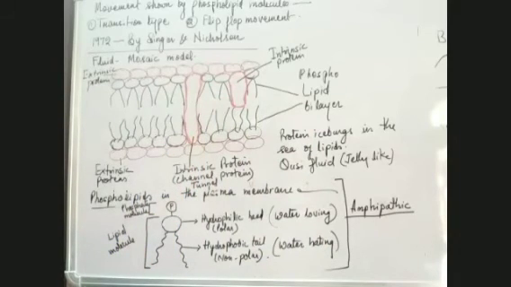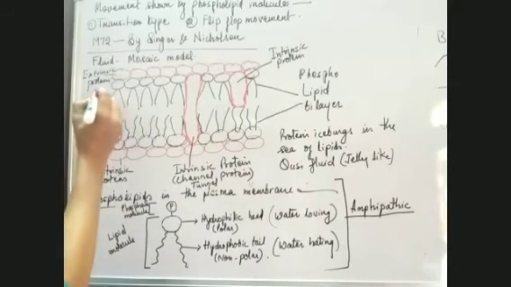Okay, so this is about the nature. Now I wanted to tell you about transition type and flip-flop movement of phospholipids. Transition type is the movement, because, as I told you, the plasma membrane is flexible. That means there can be movement of phospholipids. The phospholipids move from their place to bring about flexibility in the plasma membrane. How is that movement possible?